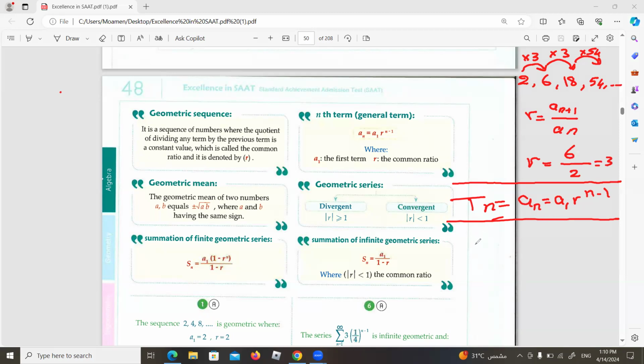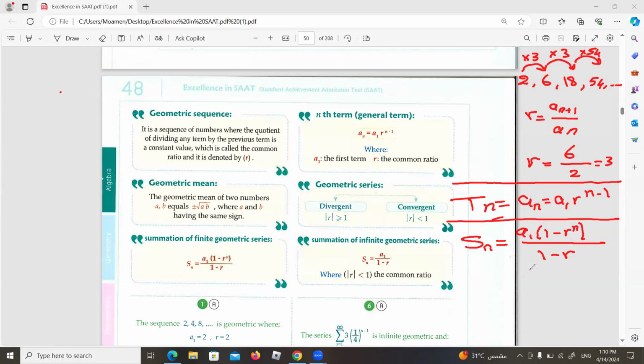About the summation, the rule of summation. You have 2 rules for the summation: the finite geometric series and the infinite geometric series. For the finite geometric series, Sn equals a1 times open bracket 1 minus r power n, and below you will have 1 minus r.